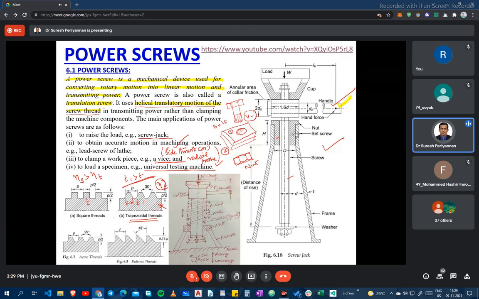Here radial pressure and side thrust will always be there. In square threads, it won't be there. That is the main disadvantage.